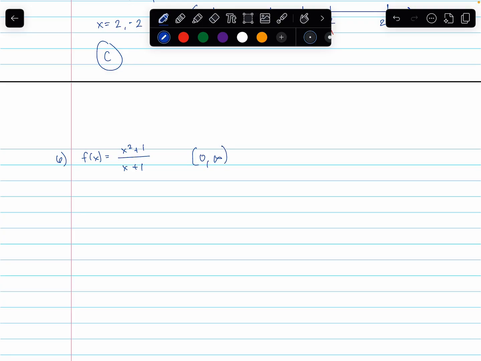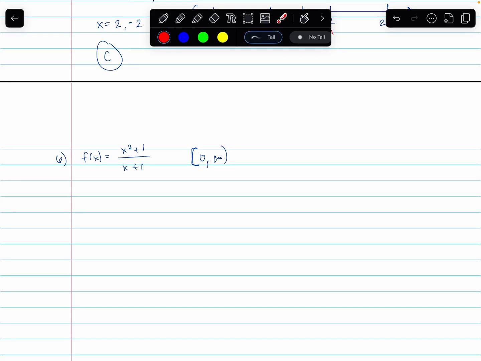The function f has no absolute maximum on its domain. Why does this contradict the extreme value theorem? Because this is not closed. So we have a bracket here and an open end. This continues to infinity, which means that we're not closed right there.